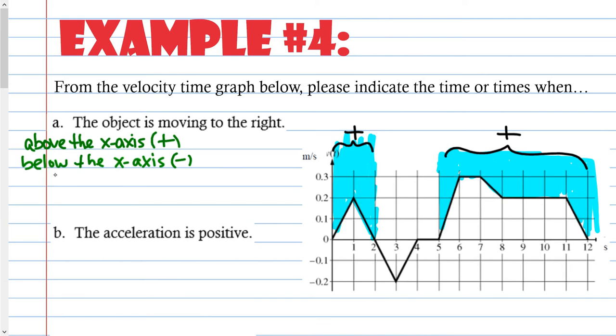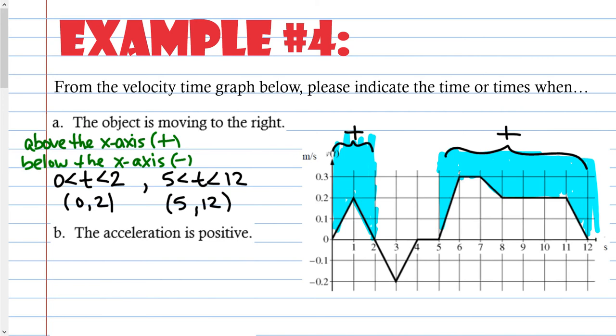I can write it between, let's see, t is between 0 and 2, or I can write from 0 to 2. Either way, these intervals are correct. So I can write from 5 to 12, or from 5 to 12. You choose, it doesn't matter.